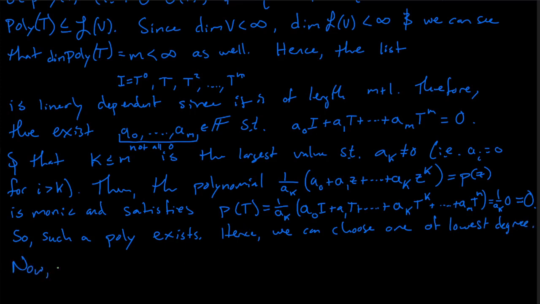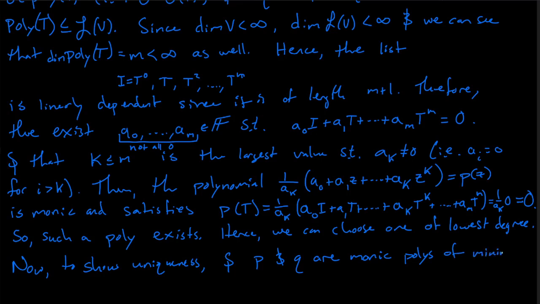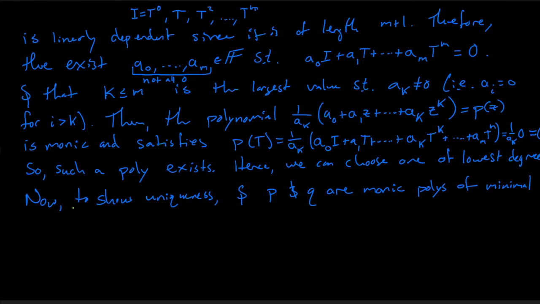Now, to show uniqueness, suppose P and Q are monic polynomials of minimal degree such that P of t equals Q of t equals 0.